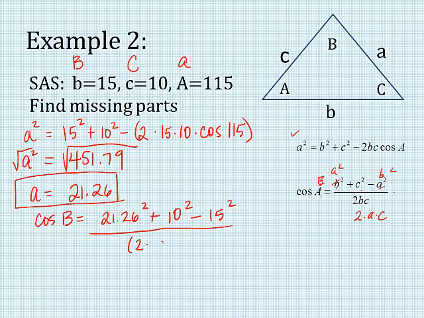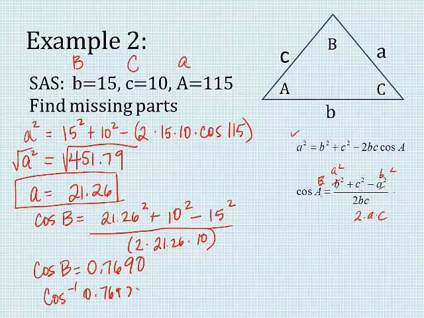So catch that, don't forget that. I find the cosine of B is 0.7690. So I have to do inverse cosine of this value, and I find out that angle B is 39.73 degrees.